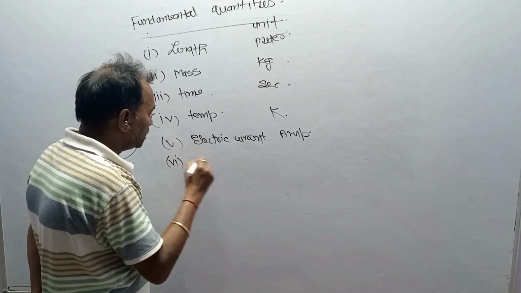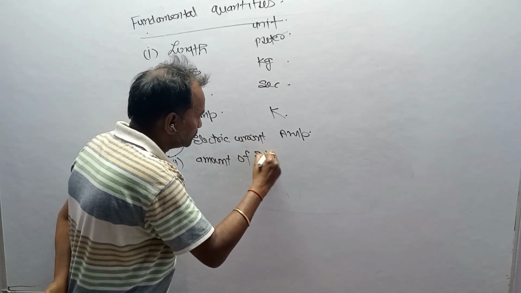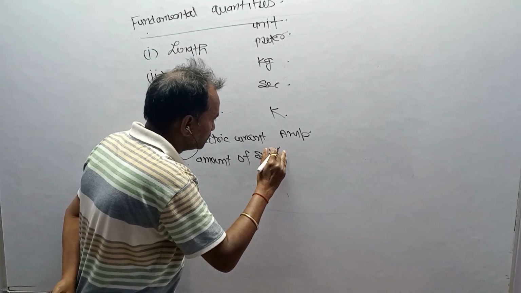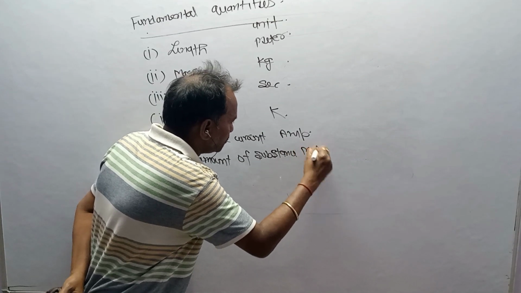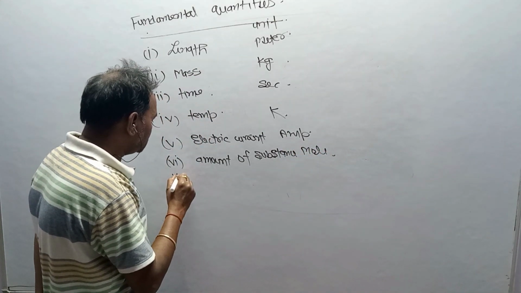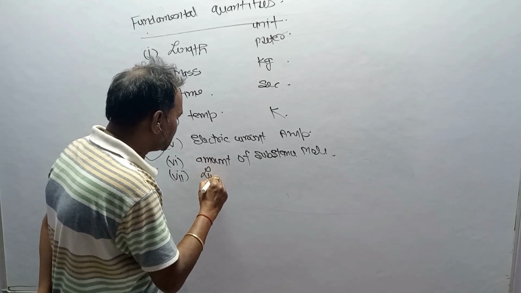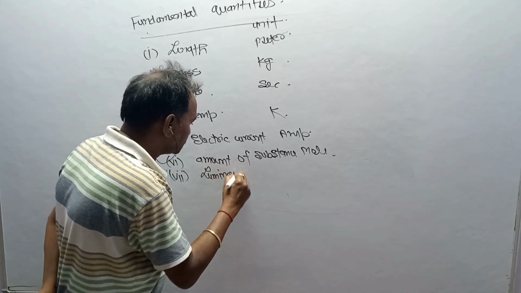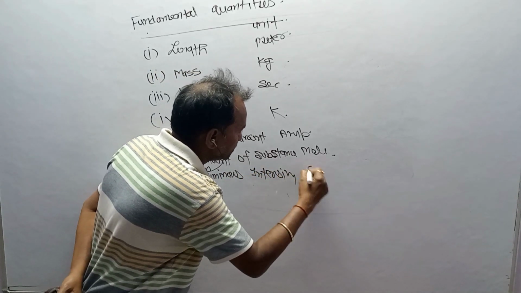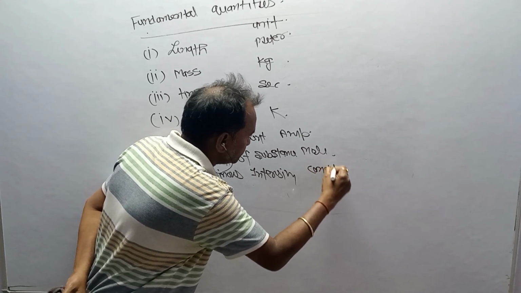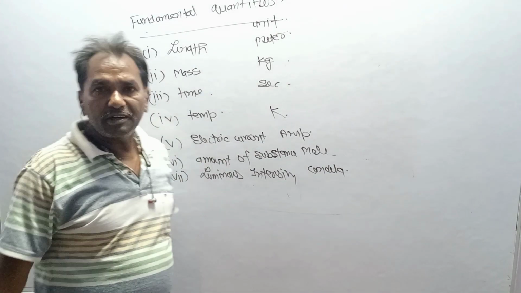Sixth one is amount of substance, that is mole. And last one is luminous intensity. These are the 7 fundamental quantities.